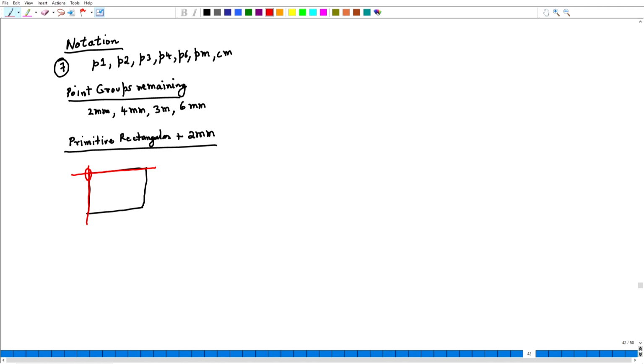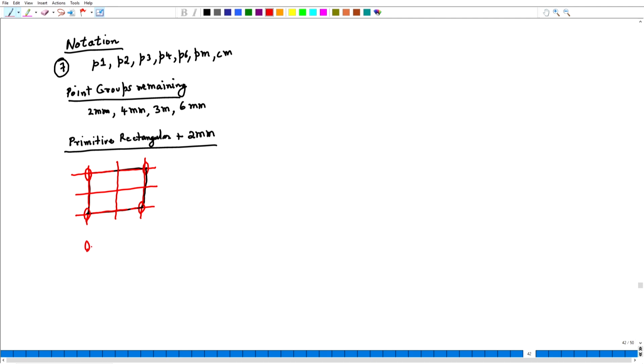The translations would take it obviously to all the corners. But we also know that new mirrors will come. One will come in the center vertically, another will come horizontally. This is the combination of a mirror and translation.